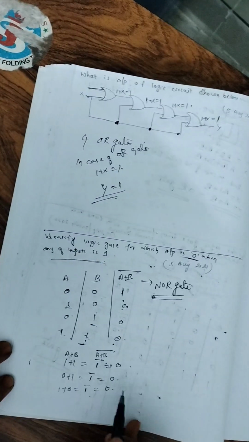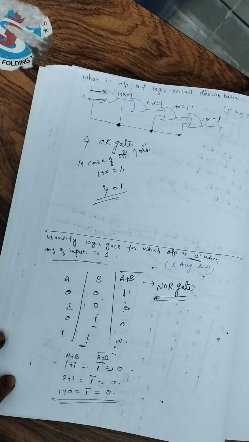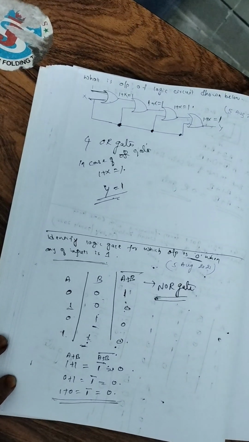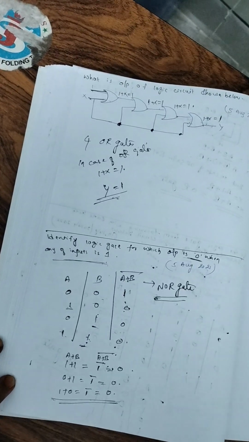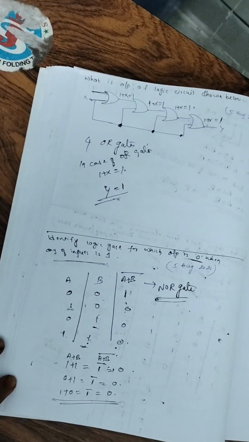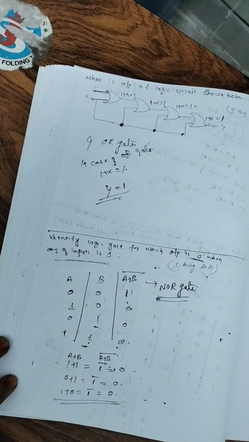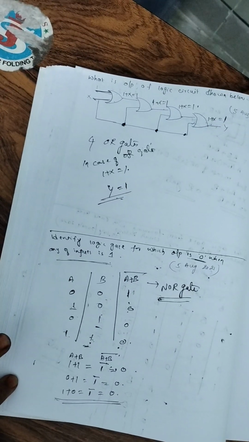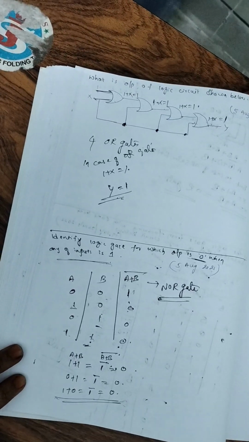NOR gate. In such a way, by seeing the truth tables, by identifying the outputs and knowing the symbolic representation of gates, very easily you can solve any problem related to the logic gate. And the problems on logic gate are most important. Just to practice, easily you can score 1 mark.